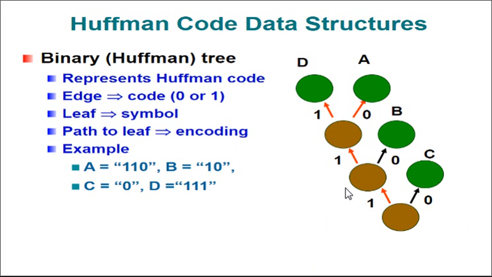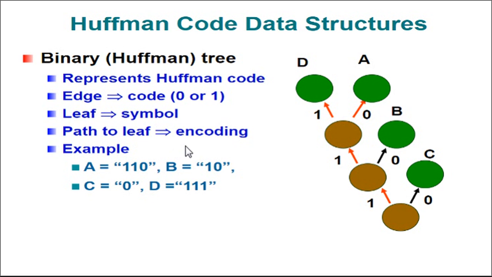Let us understand how a Huffman code is obtained. Here we have to form a binary tree which represents the Huffman code. In this binary tree, the edges represent the code. The code will be in terms of either 0 or 1, that is, binary symbols are used. The leaf of the tree represents the symbol.